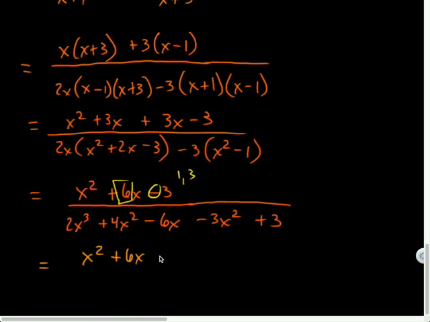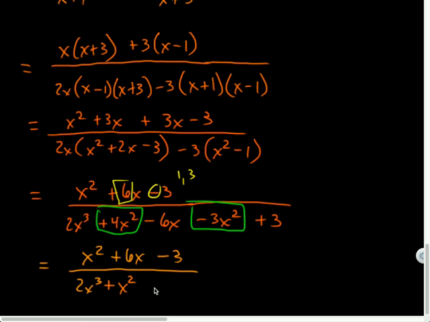X squared plus 6x minus 3 over, and I'll have 2x cubed. Combining my x squareds here, 4x squared and negative 3x squared would be just 1x squared. And then I'd have minus 6x plus 3.